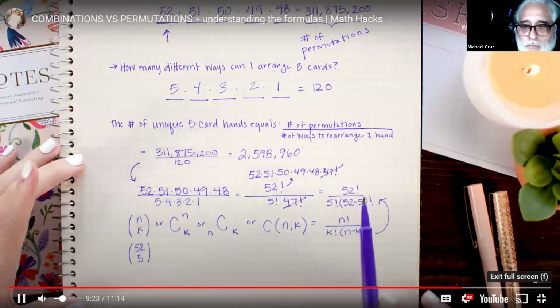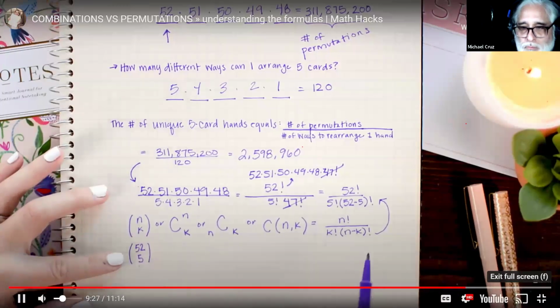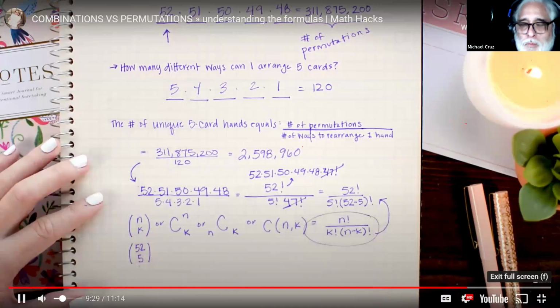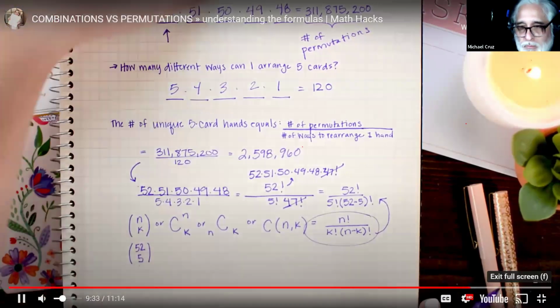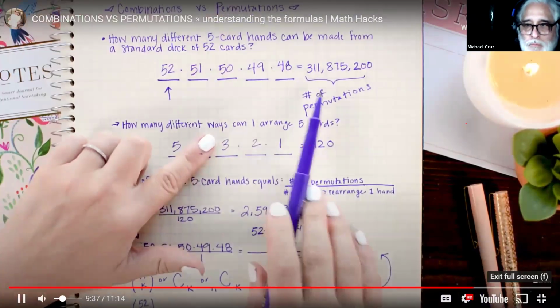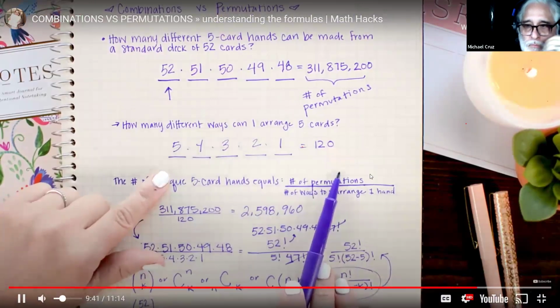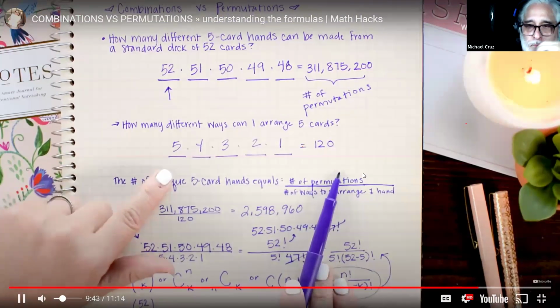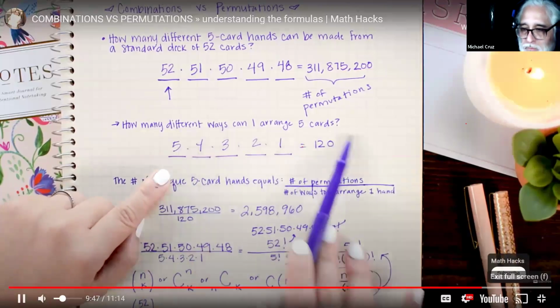And that's really awesome because we have derived the combinations formula. Recall that the only difference between the combinations and the permutations that we had up here was that we divided out all the repeat hands. So that means our permutations formula is just like the combinations formula, but without this number divided out.